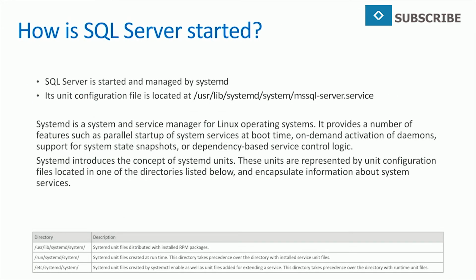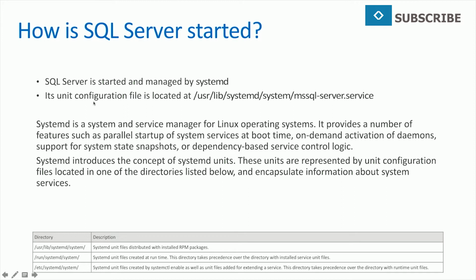So SQL Server is launched and managed by, so we talked about systemctl, right? So what's actually launching it? What's actually calling underneath it, right? So SQL Server is launched and managed by systemd, which is a service manager for Linux operating systems. For each service that's managed by systemd, there's typically a systemd unit configuration file.